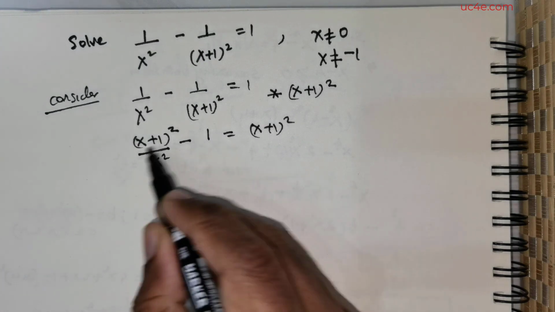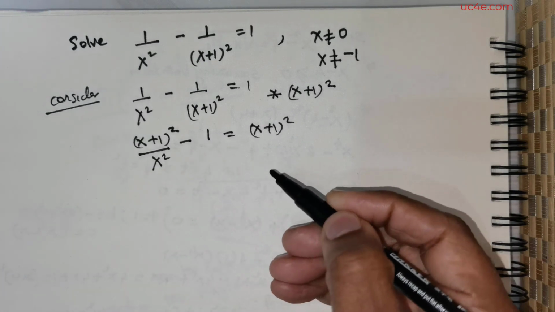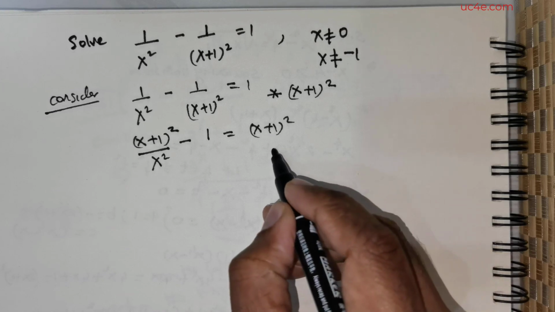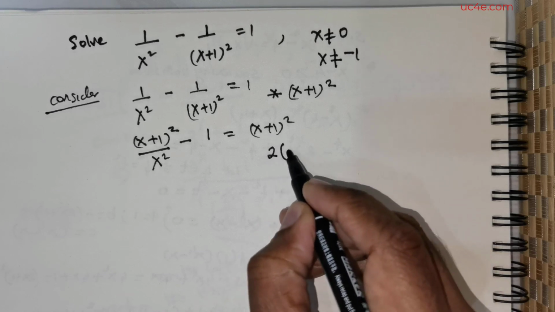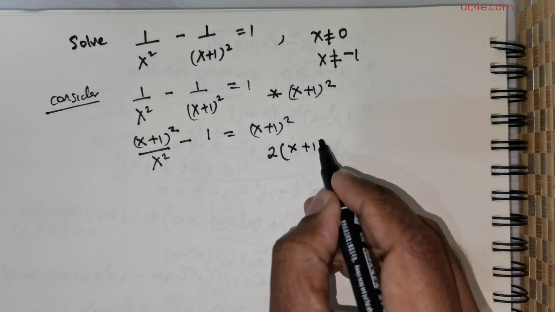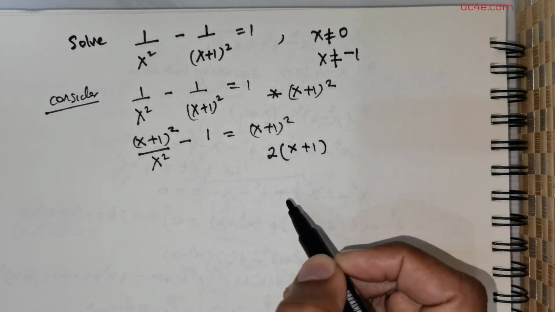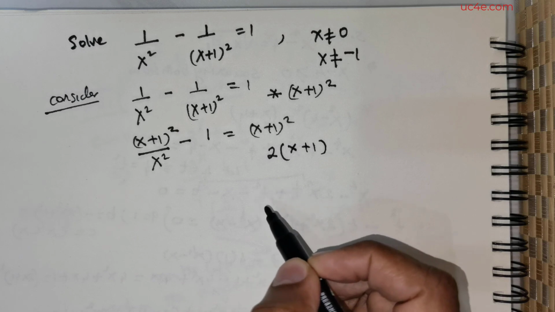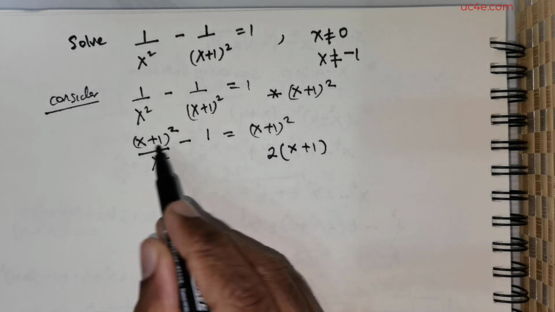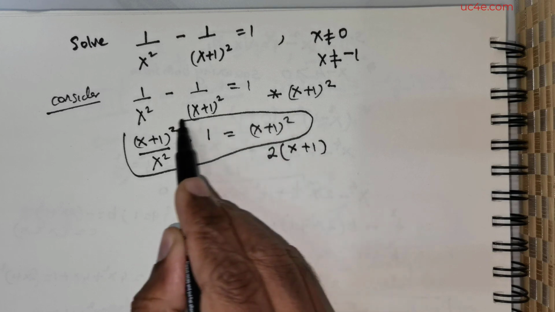So this is what we have got. Now I would like to change this system by adding 2 times (x+1) on both sides. So if I were to do that, this entire system can be rewritten in the following fashion.